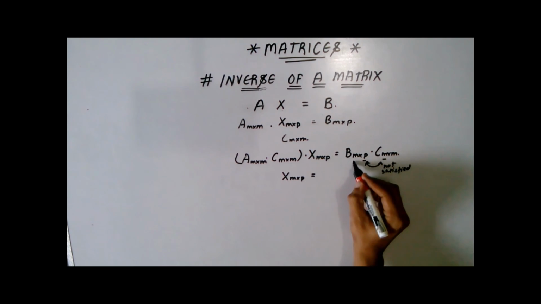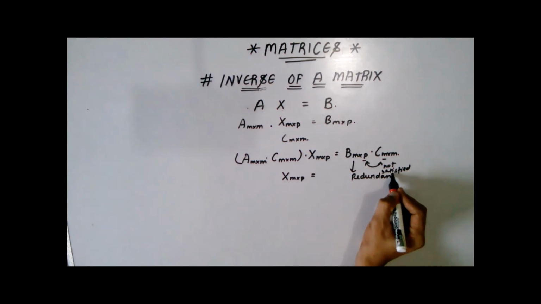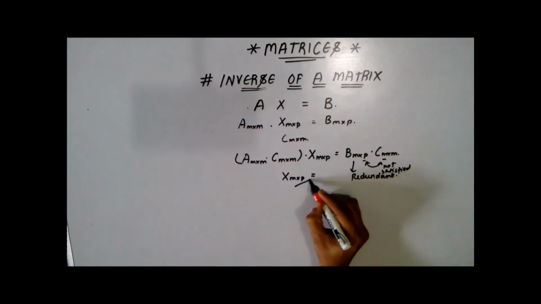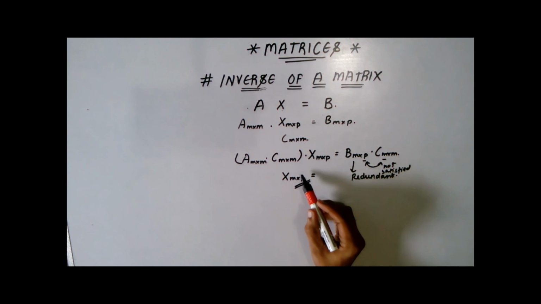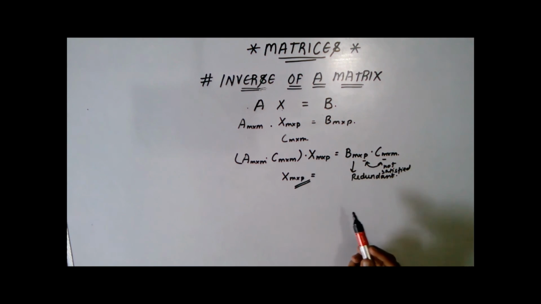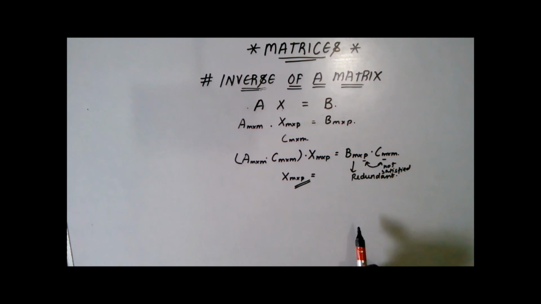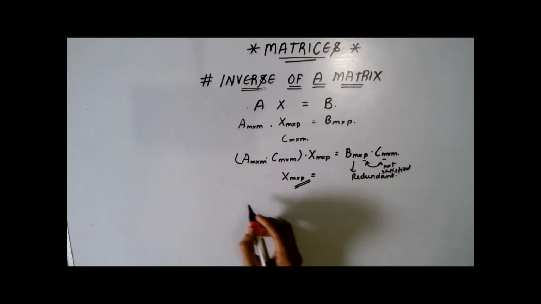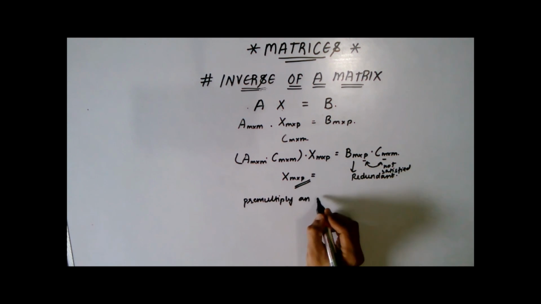Hence, this RHS becomes redundant and there is no value for this X matrix. Thus, we cannot get a value for X matrix by using post multiplication of the inverse matrix of A. Hence, we always pre-multiply an inverse of a matrix.